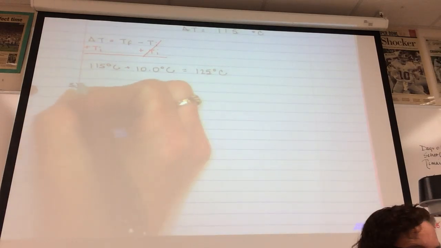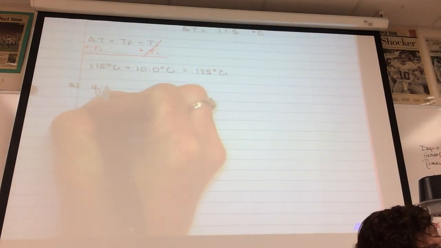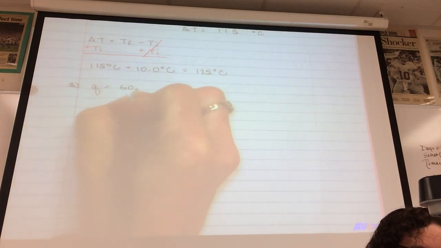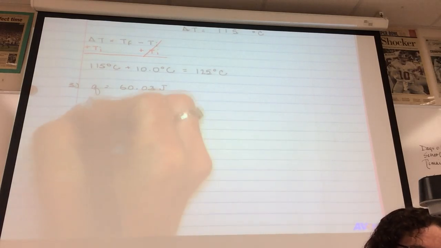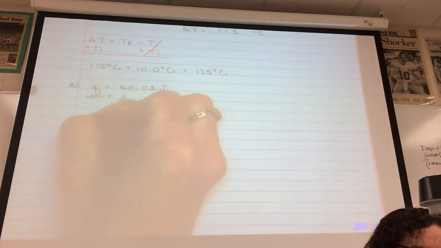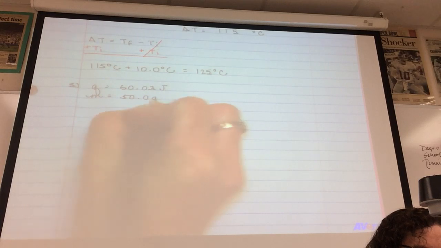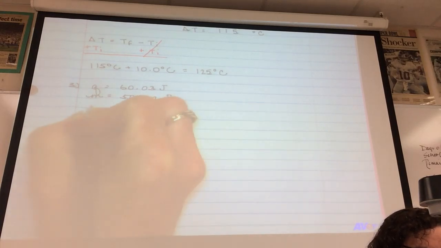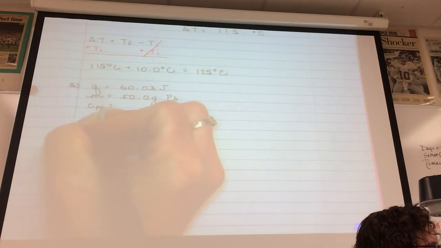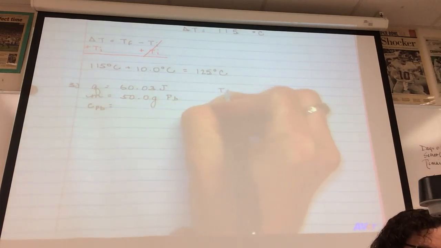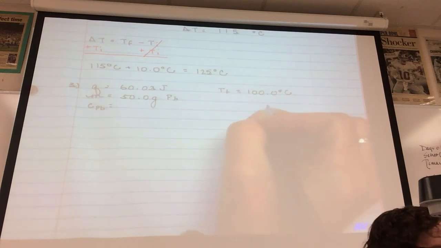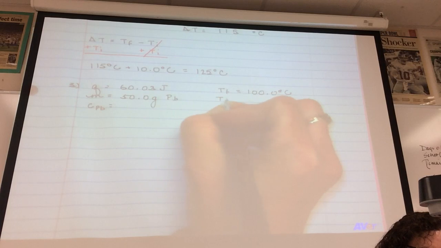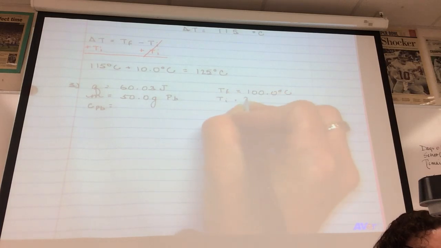Number 3 says if 60.03 joules of energy are added to a 50-gram piece of lead, so we're going to need the specific heat of lead, until a final temperature of 100 degrees Celsius is attained, what is the initial temperature?